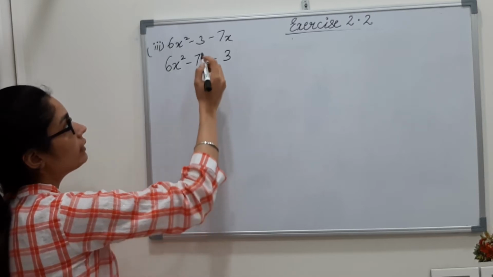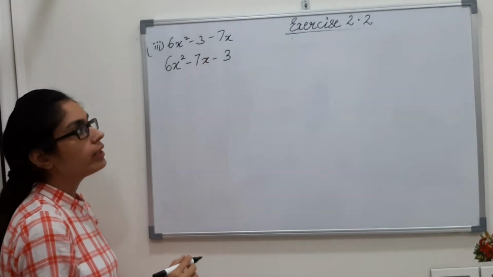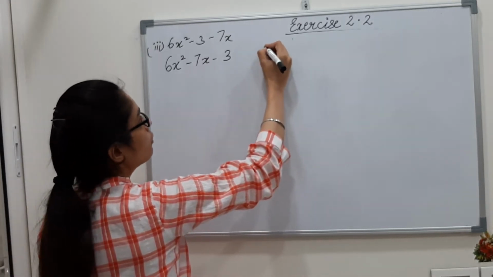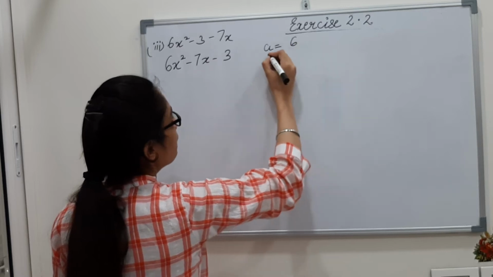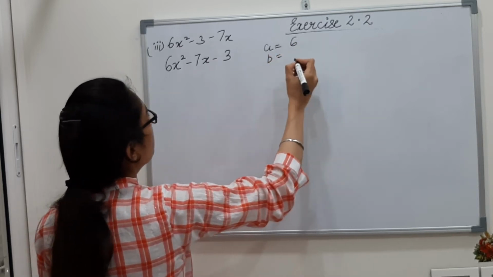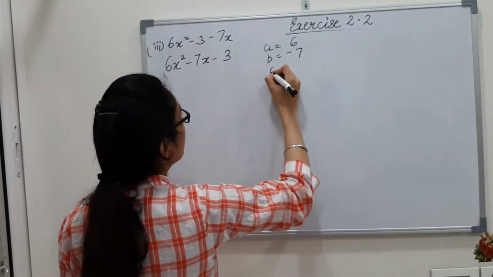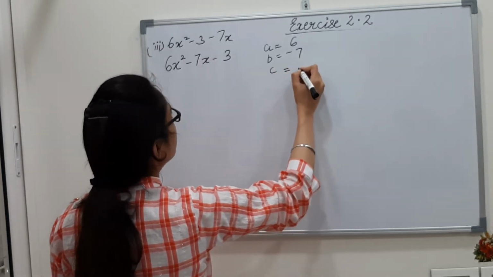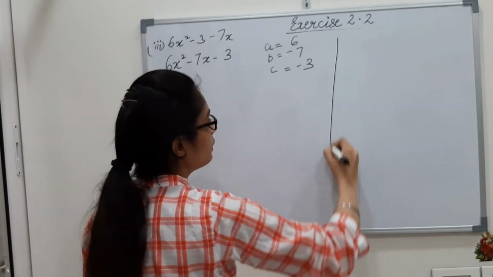It should be in standard form, either in decreasing or increasing degree of a variable. Now we will write the values of a, b and c. A is 6, b is minus 7, and c is minus 3. Now we will do the same process.